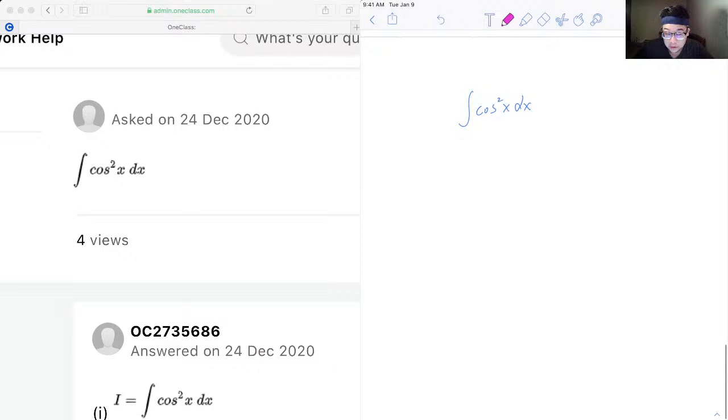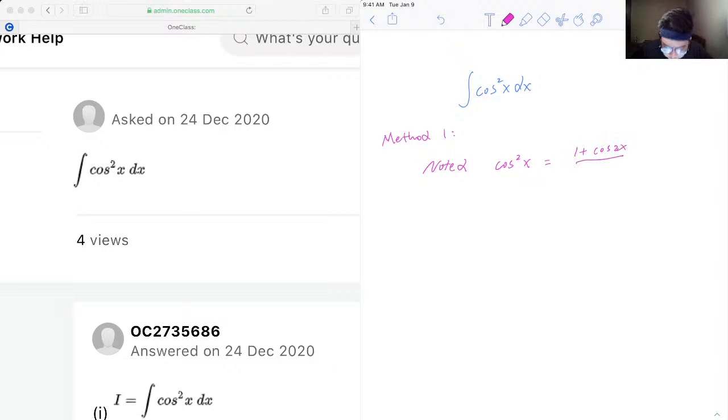There are actually two ways of solving this question. One's from the trigonometry identity, one's from integration by parts. So let's do method one first. So note that cosine x squared is equal to 1 plus cosine 2x over 2.